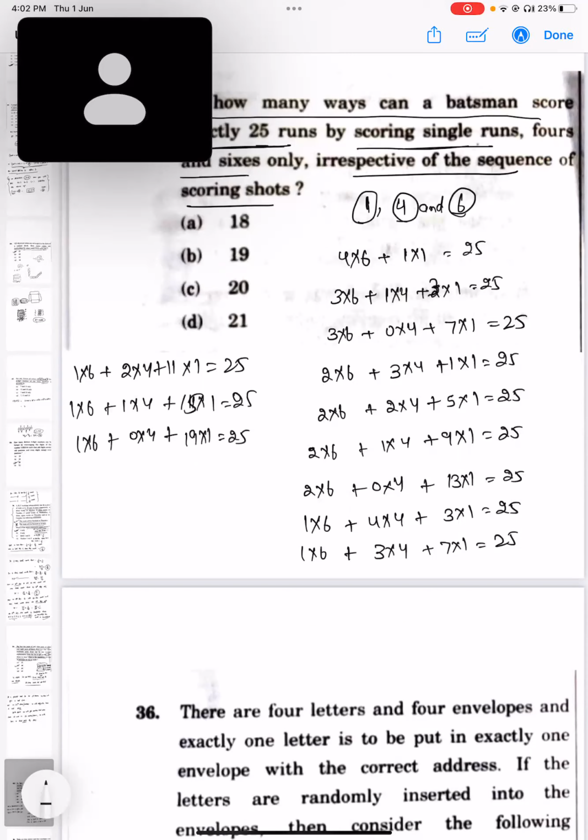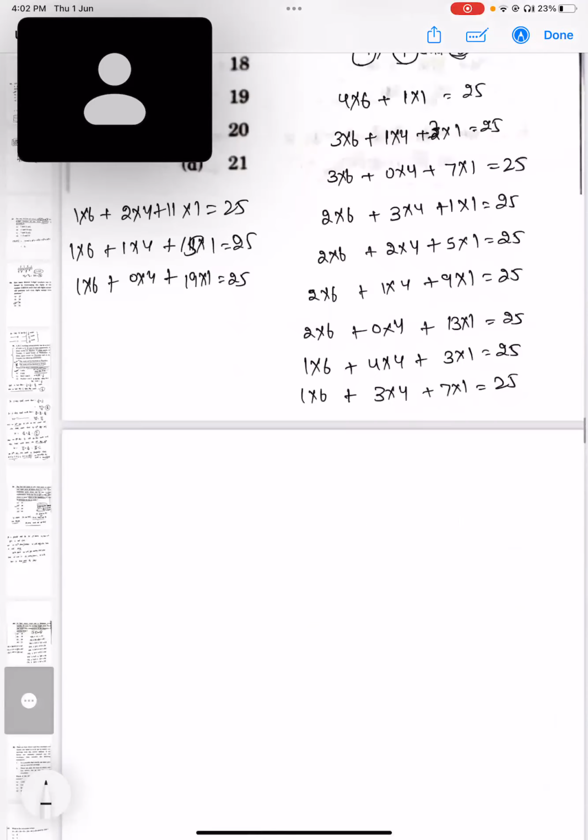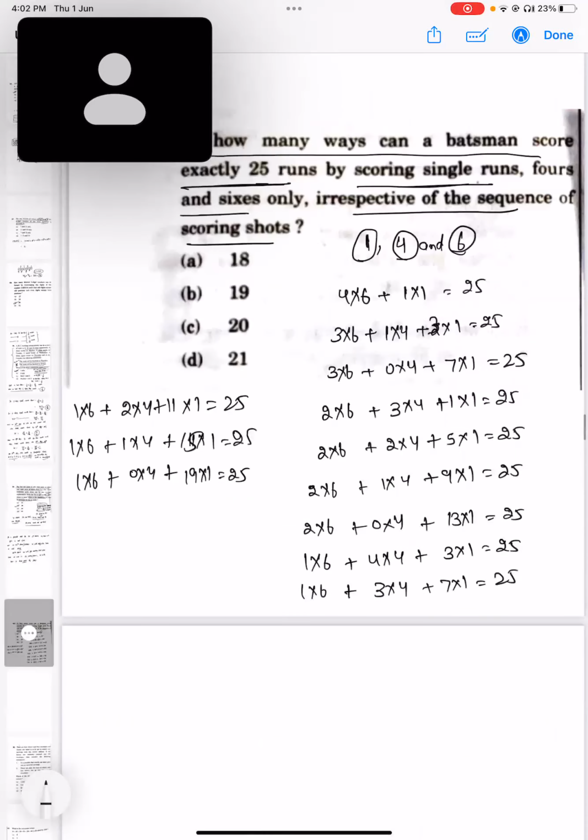So when you listen to this solution, you will see that it is very time consuming, right? Then 0 sixes plus 6 fours plus 1 one, 25.